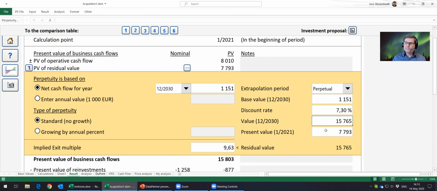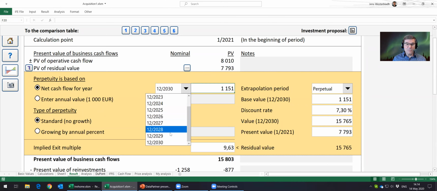And this value in 2030 should, of course, be discounted to the beginning of 2021 now when we make the valuation. So 15.7 million is 7.7 million in today's money. And that's the number we see here. Then, of course, maybe this is not a normal year. Maybe I want to base the extrapolation on some other year.